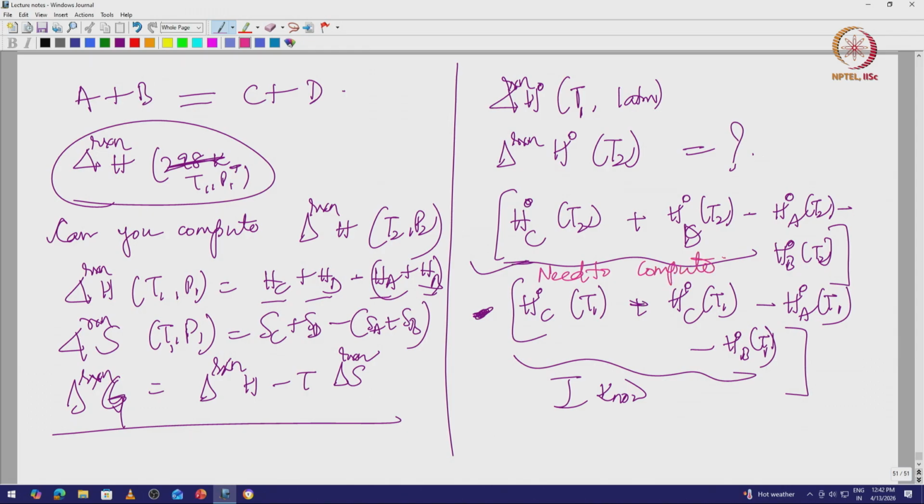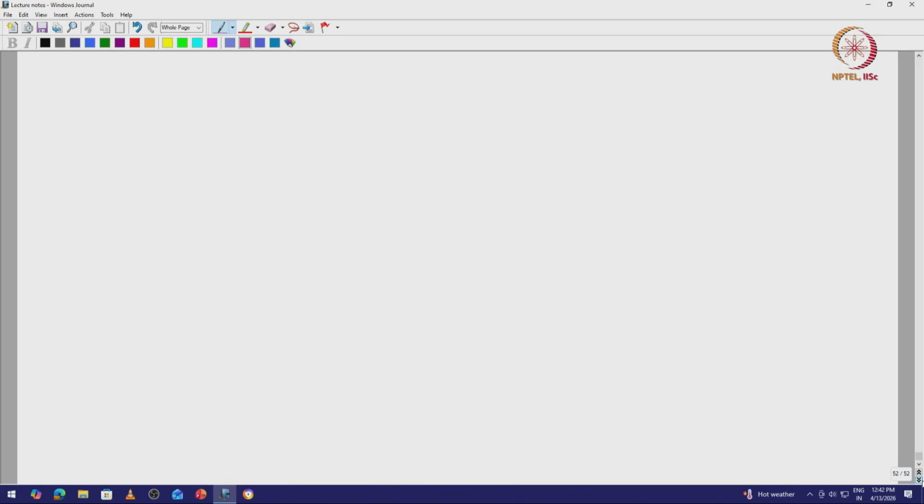Right. Now this is the information I have. Okay. Now for me to go from T1 to T2, I need to know how delta H changes as a function of temperature, right. So how does H change as a function of temperature?